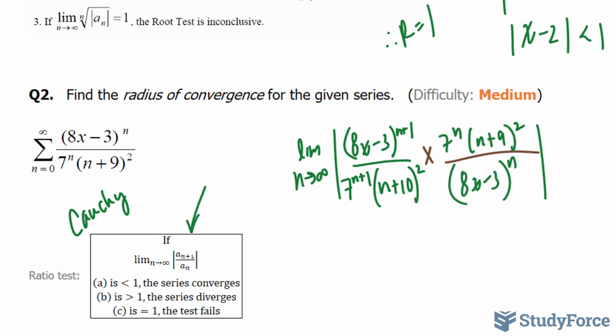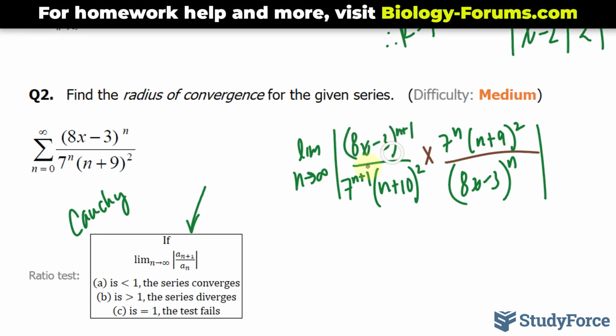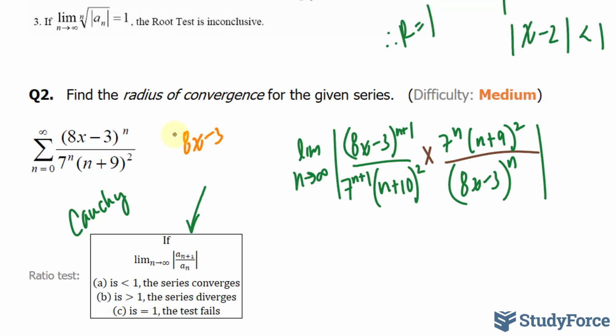There you go. Now, I'll rewrite 8x minus 3 to the n plus 1 as 8x minus 3 raised to the power of n times 8x minus 3. This orange expression and this expression mean the same thing. The reason why I'm doing it this way is because this now will cancel out with the bottom, and we're only left with 8x minus 3.